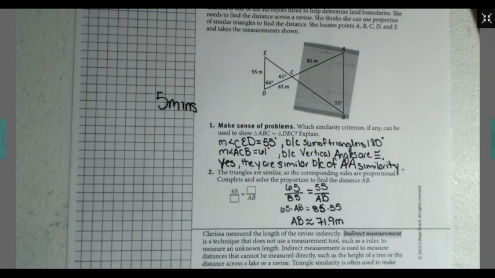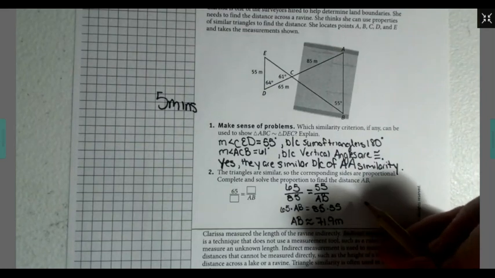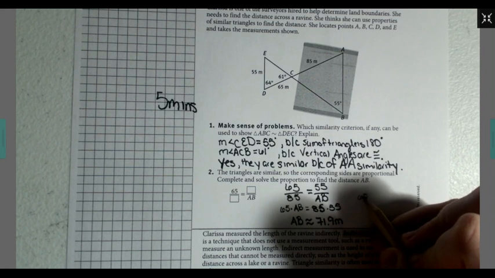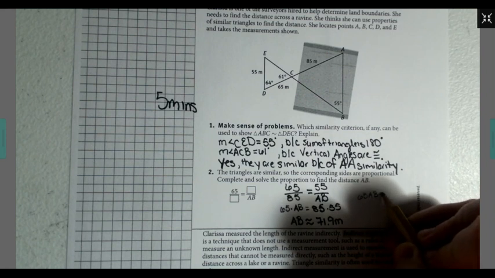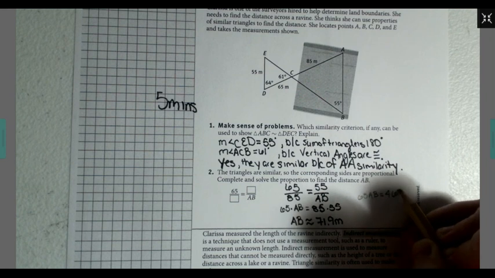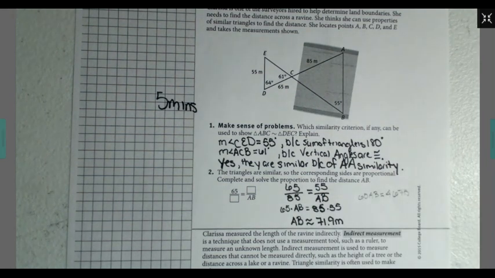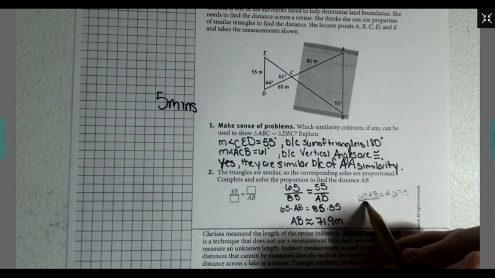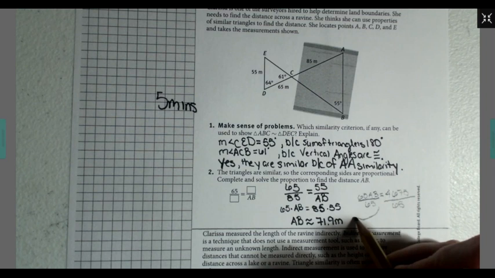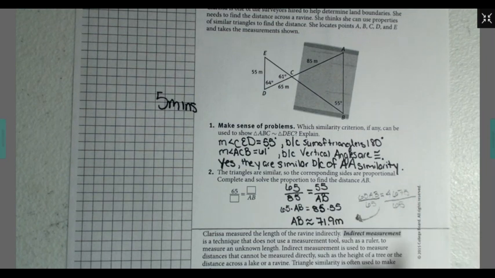Whenever I do this, I took a step in here that you didn't actually see me write down, which was 65 AB equals 4,675. And when we do that, then we would turn around and divide by the 65. And that's how I came up with this answer right here of the 71.9 meters. On to the next set of questions.